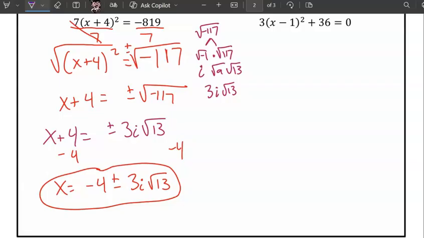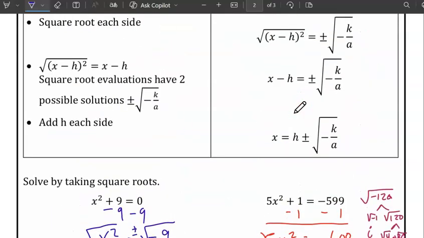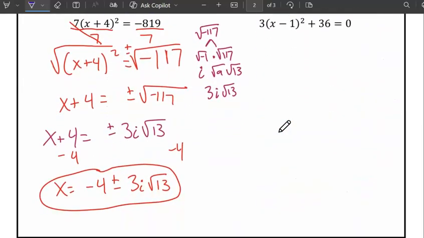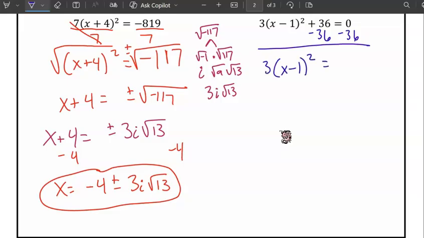All right, this last example on this page has an a, an h, and a k. We're going to use all the steps from the top of the page to solve for this one. Subtract 36 first. Then divide by 3. We get parentheses x minus 1 squared equals negative 12.